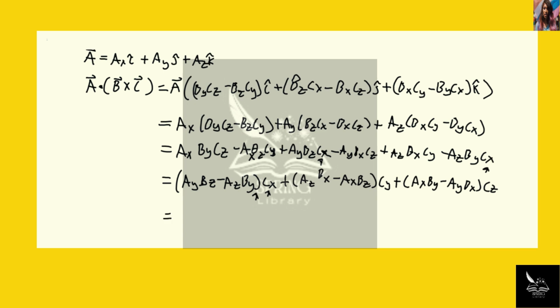So we can rewrite this as A cross B dot C. Okay, and that is part A.